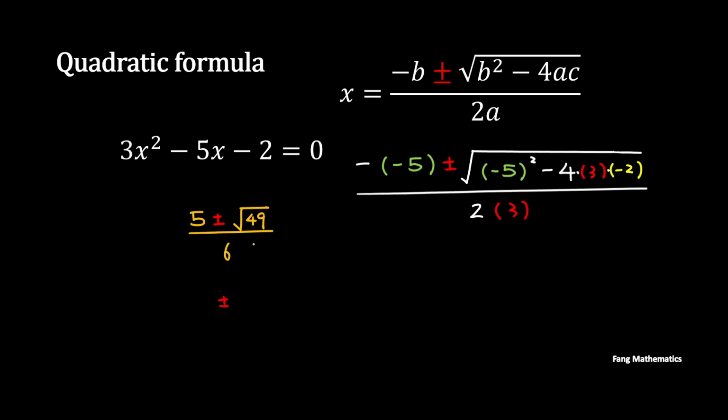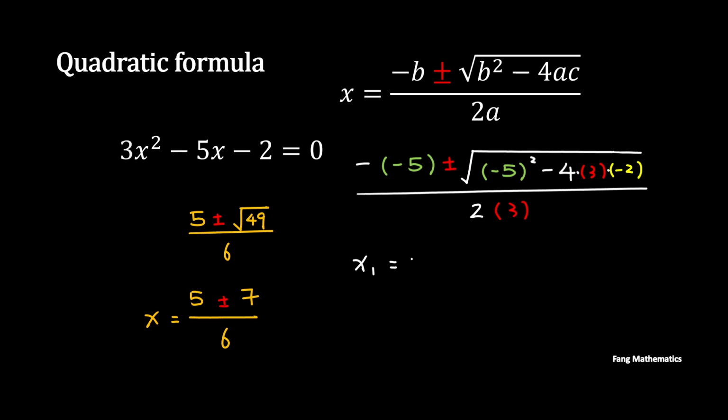Let's look at the number under the square root. That is 49. Fortunately, that is a square number, and simplifying gets you to 7, so 5, 7, and 6. Remember that when you're solving a quadratic equation, you should have two answers.